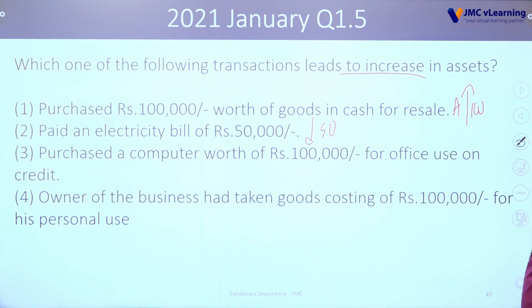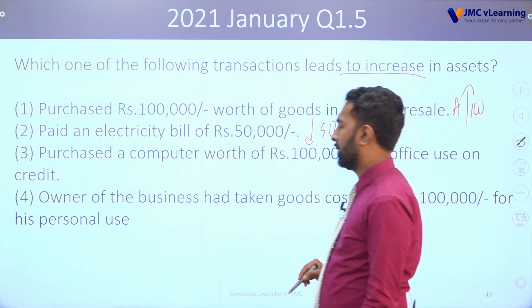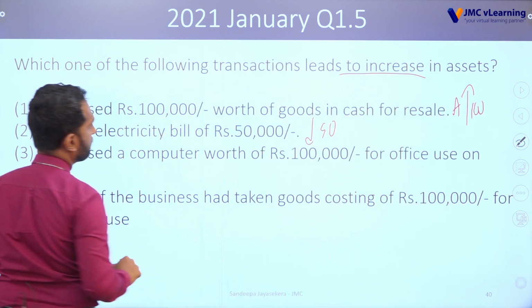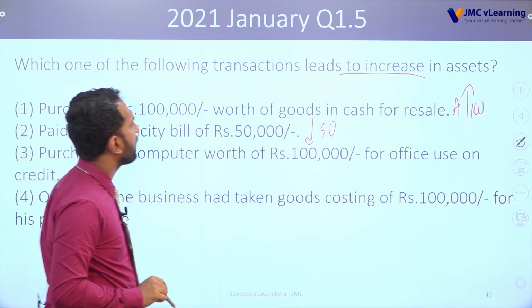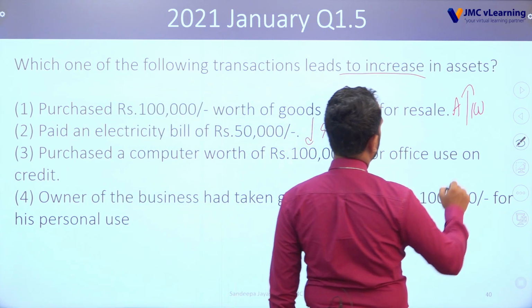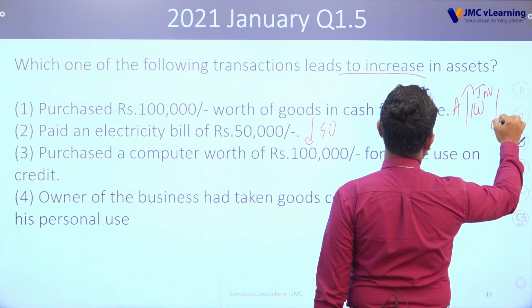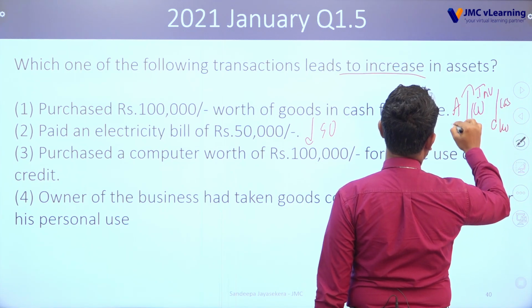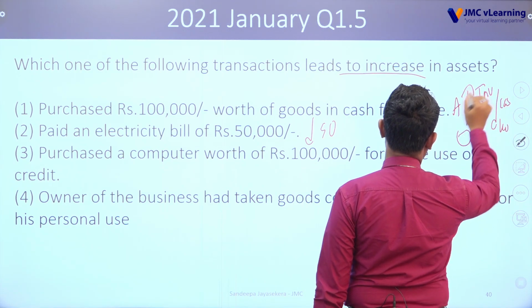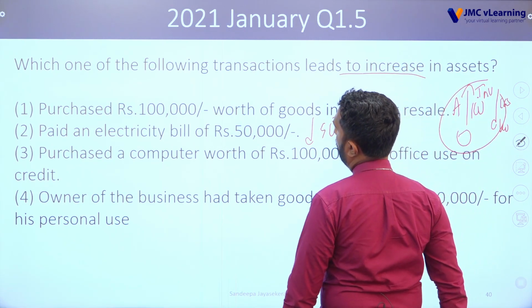Purchase a computer worth 100,000 for office use on credit. Here they are purchasing the items on cash, so the inventory goes up, cash comes down. So the net impact is 0. First one, no.